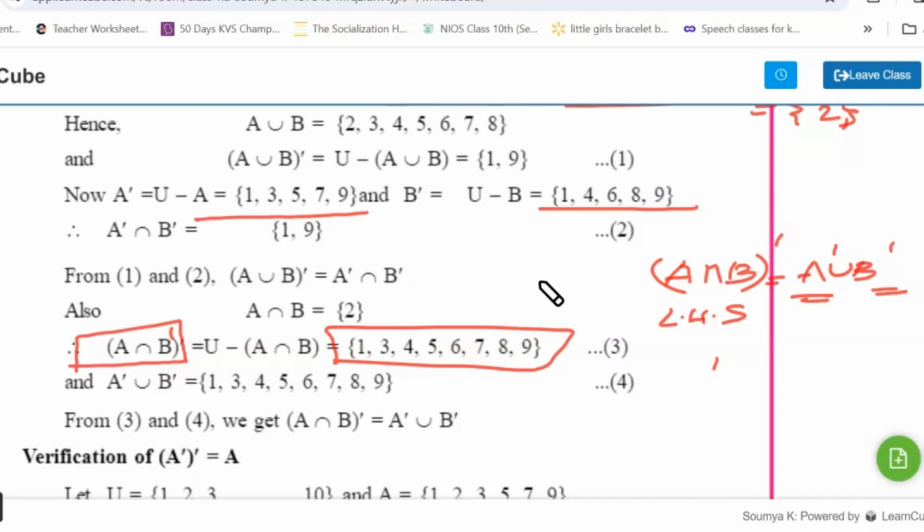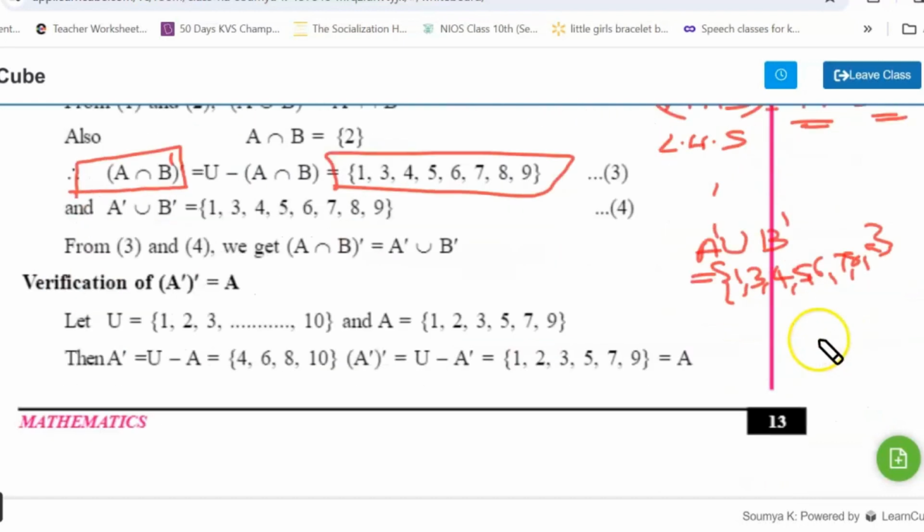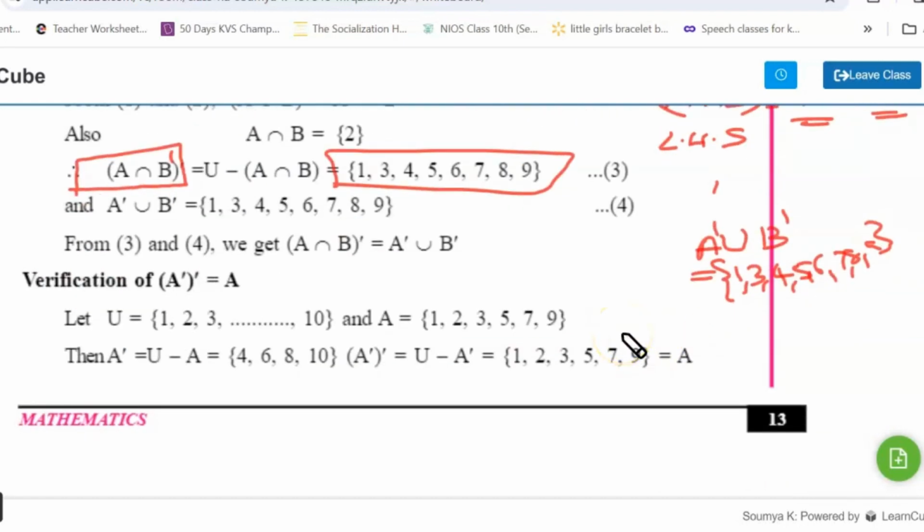So 2 is also not there in the resulting set of the union of A complement and B complement. So everything is included except the 2. So the left hand side and right hand side give you the same result. So the second De Morgan's law is also verified.